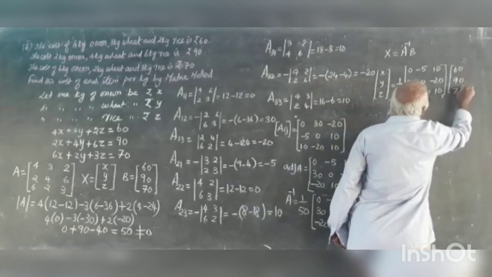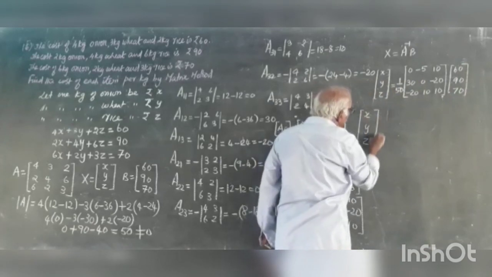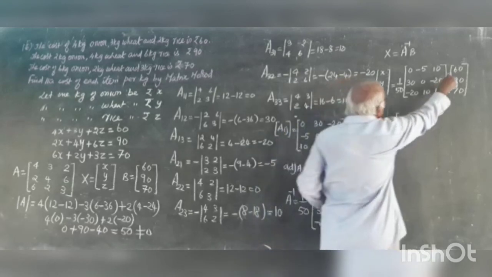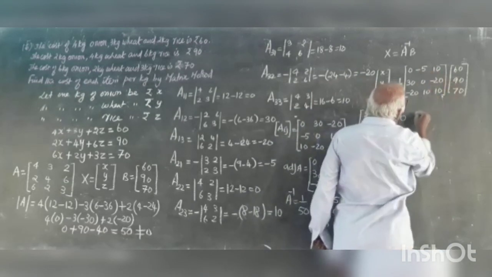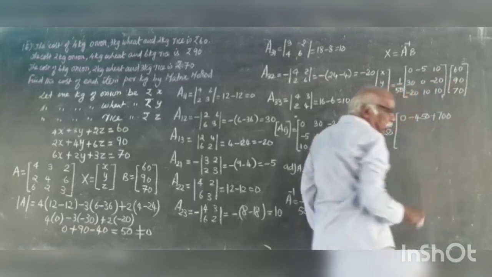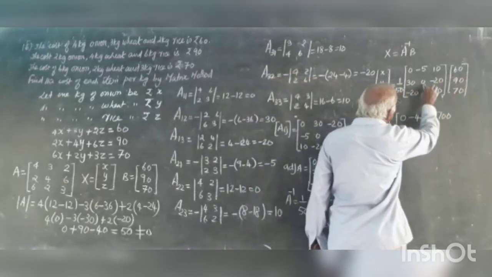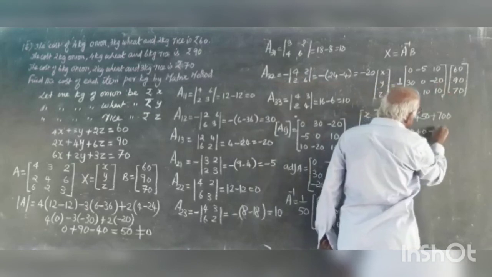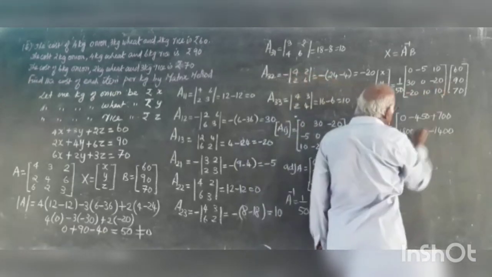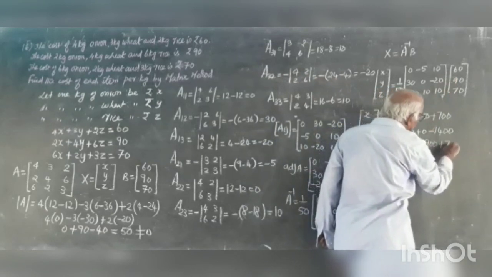Now multiply. X, Y, Z equal to 1 by 50 into: first row, 60 into 0, 0, minus 450, plus 700; second row, 1800 plus 0 minus 1400; third row, minus 1200 plus 900 plus 700.